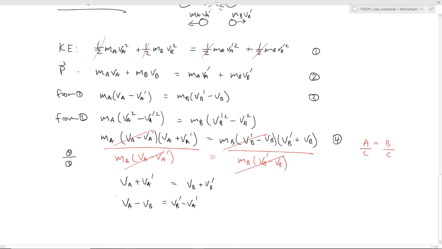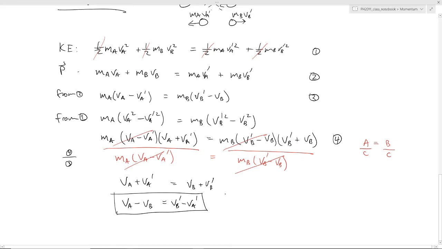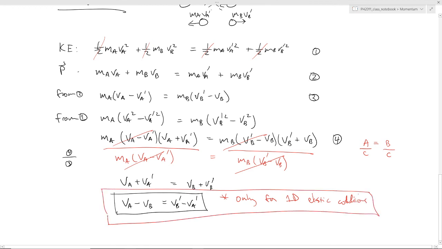And this relationship can be very useful. Just to reiterate, this is only for 1D elastic collisions. So don't go trying to apply this to all problems. But if it happens to be a one-dimensional elastic collision, you can make use of this.